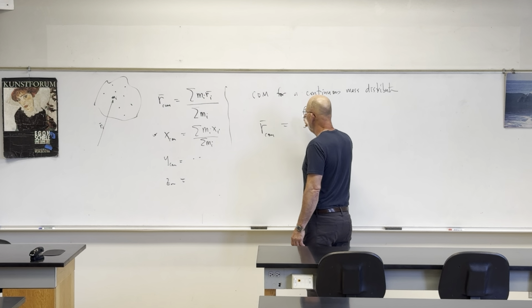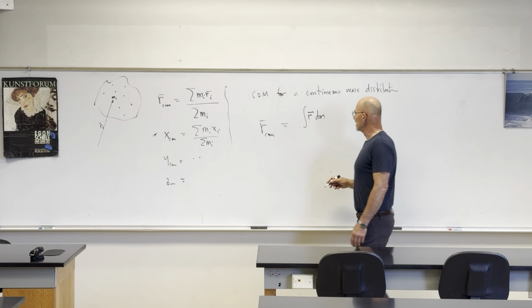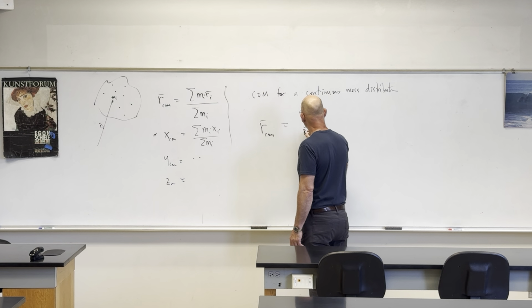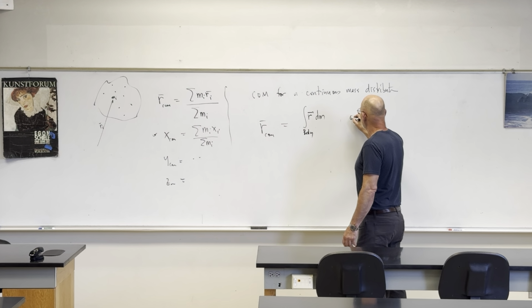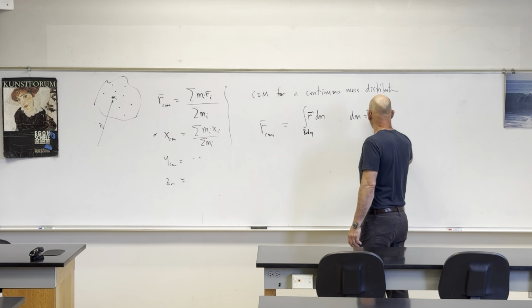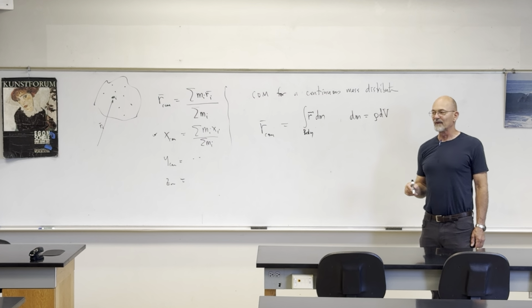In the numerator, we would have the integral of R dm, integrated over the body. R is the coordinates of the body, and dm is equal to rho d volume, volume being whatever you have, length, area, whatever.